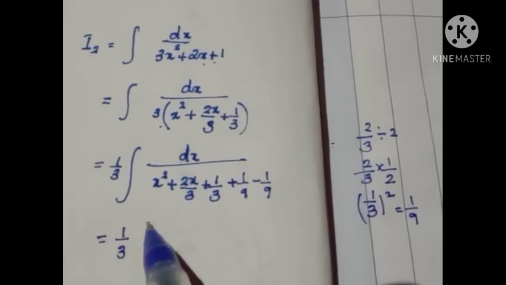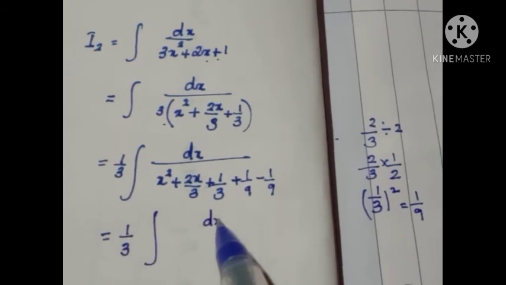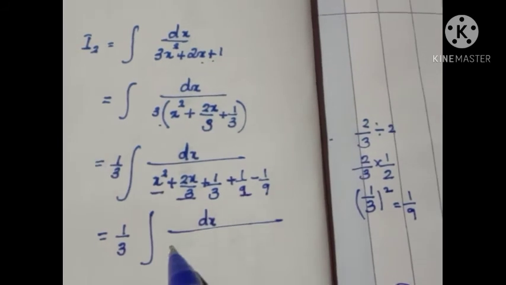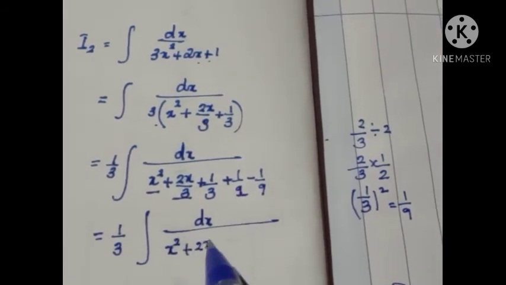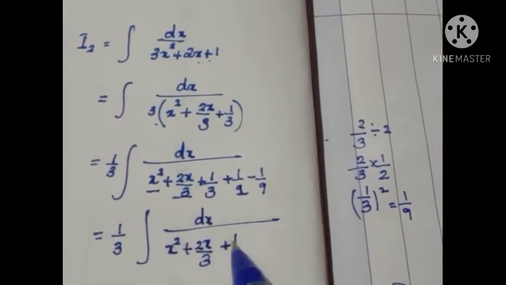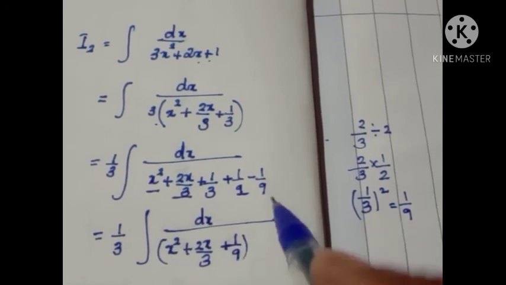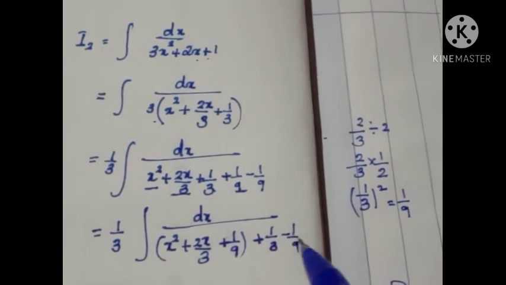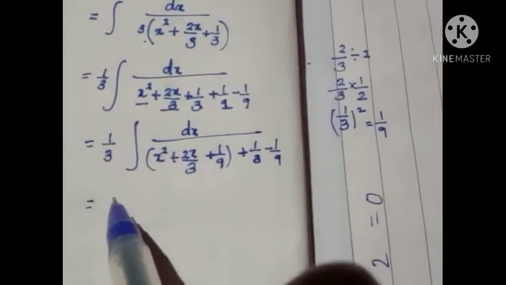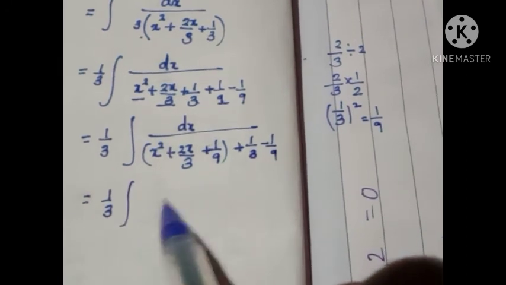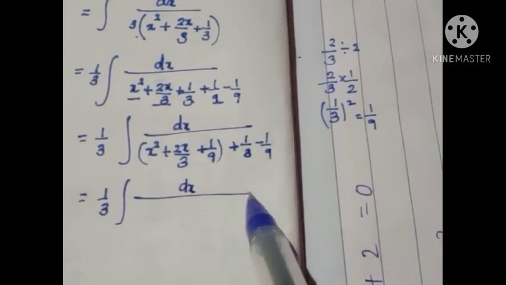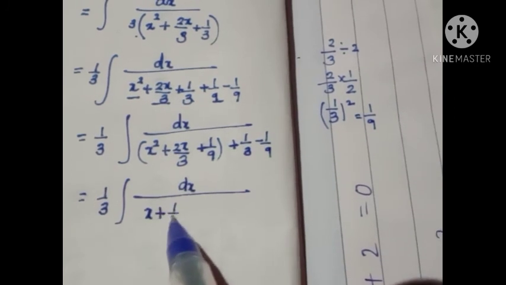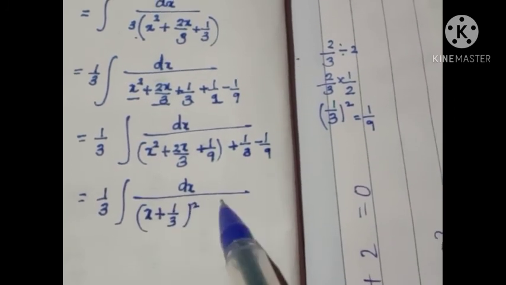It is equal to 1 by 3 into integral dx by, now associate these three terms, x² + 2x by 3 + 1 by 9, remaining plus 1 by 3 minus 1 by 9. This is equal to 1 by 3 into integral dx by, now this is a perfect square. It is (x + 1 by 3) the whole square.